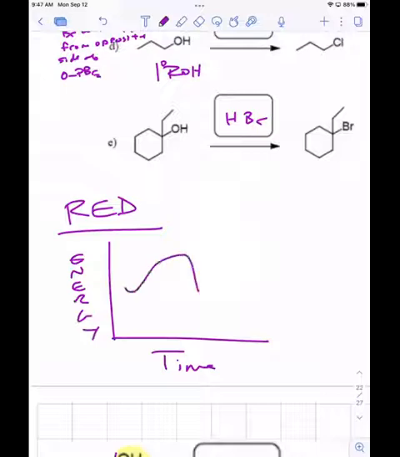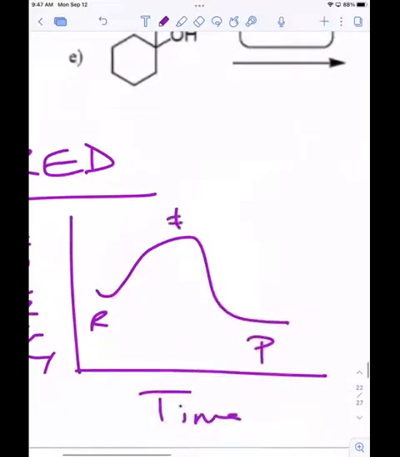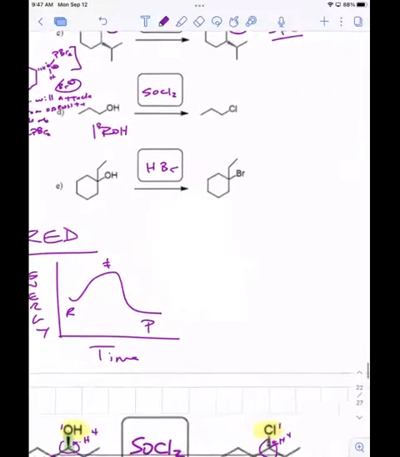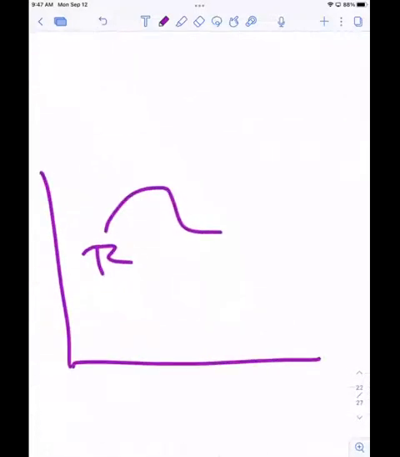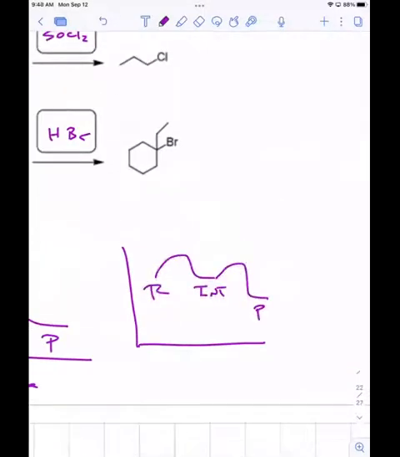And you always start with the reactants going to products. At the top, there's a transition state. If it's more than one step, then it's reactants going to intermediate, going to product, right? If there are multiple intermediates, then you're going to have multiple steps.